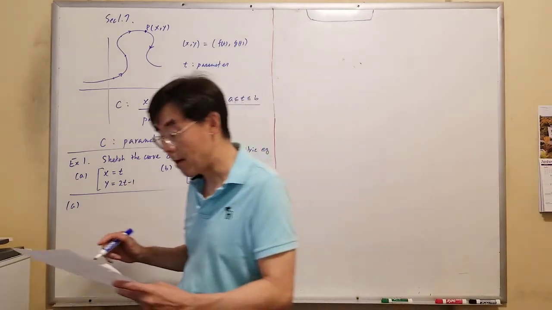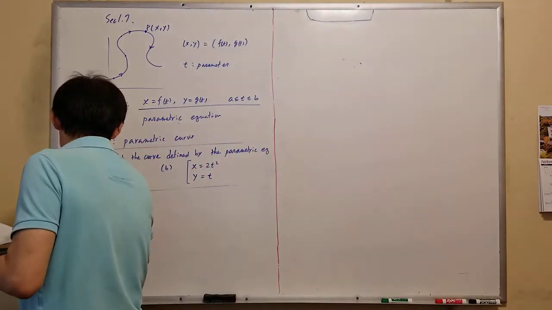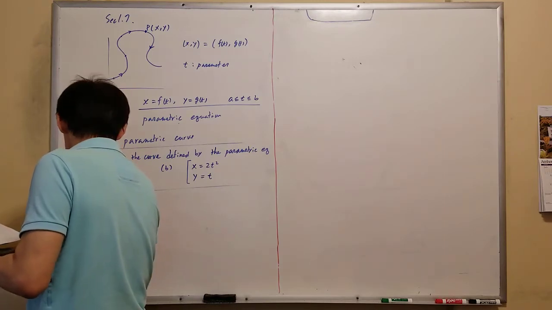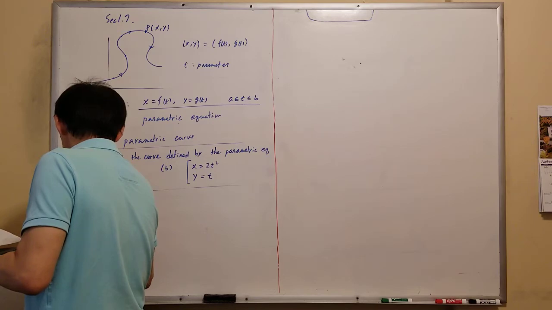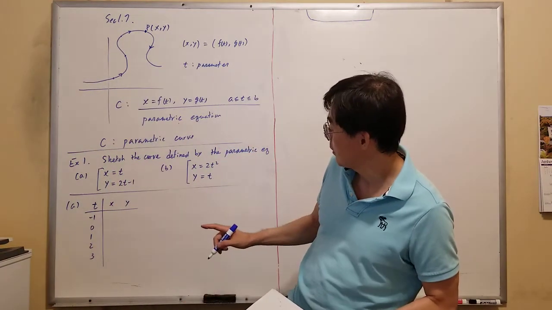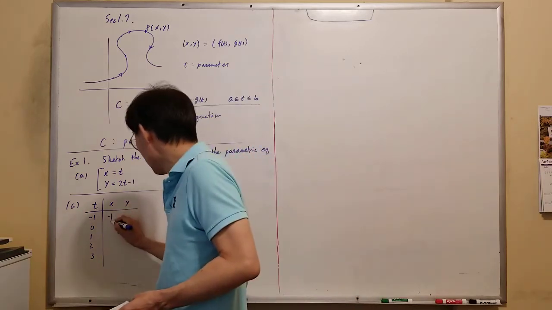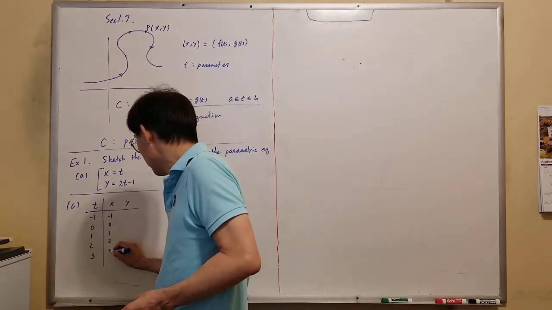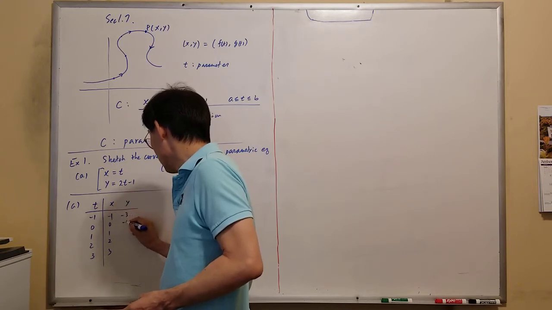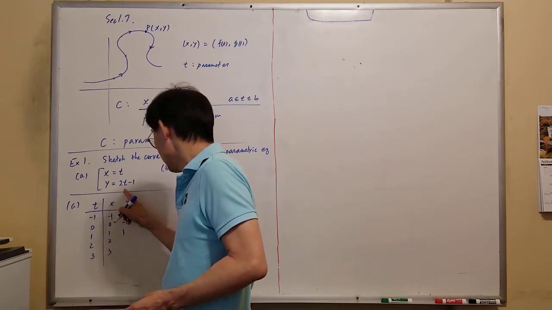So let's do that. T and xy. Let's consider these t values. For t equals -1 through 3, x will follow the same value. Y will be -3, -1, 1, 3, and 5.